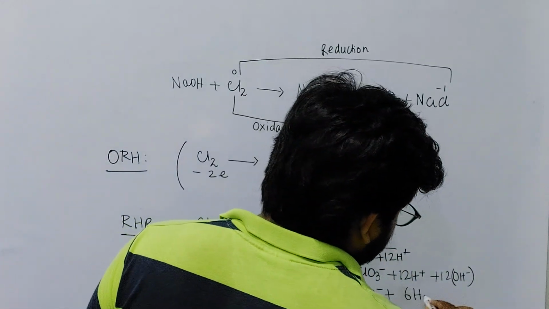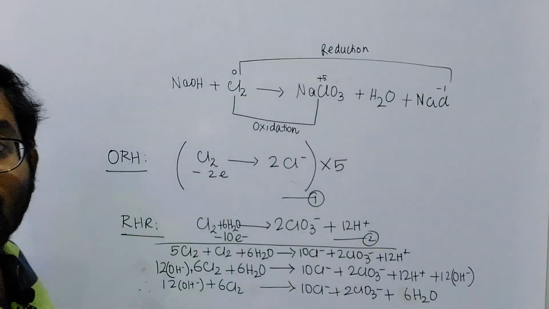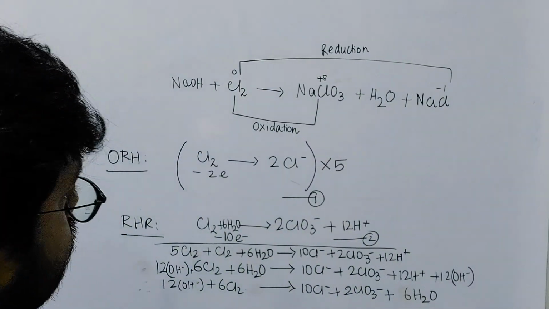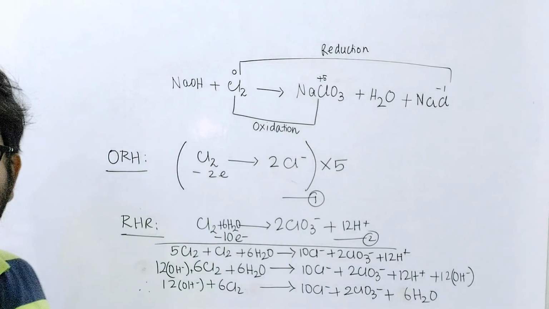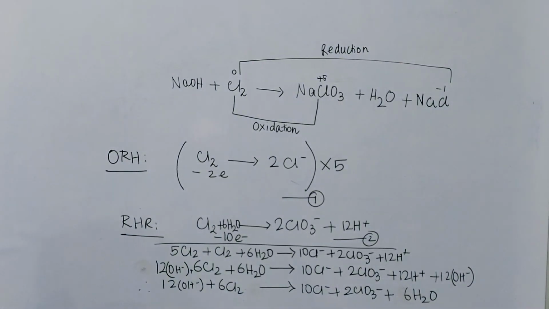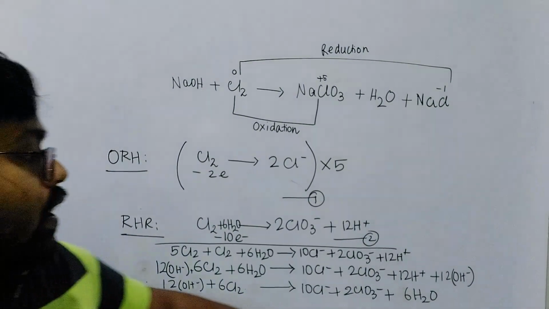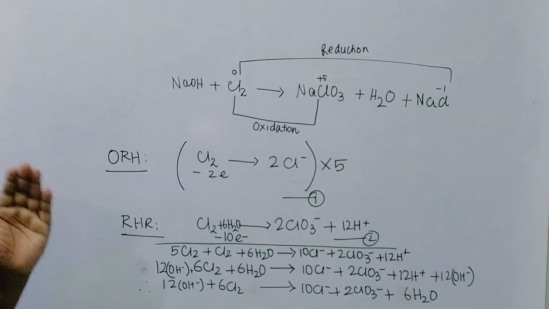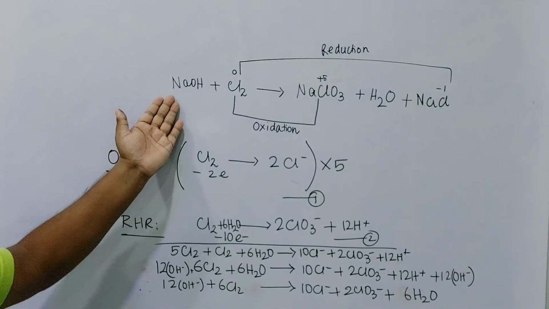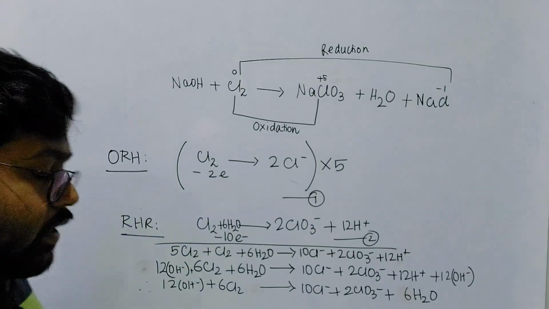So 6 H2O will be remaining on the right hand side. So that's it for this chemical reaction. All right. So I hope you have understood how to balance a chemical reaction in basic medium. Now you can see there is no H plus, there is only OH minus on the left hand side, exactly like the original equation. All right, that's it.